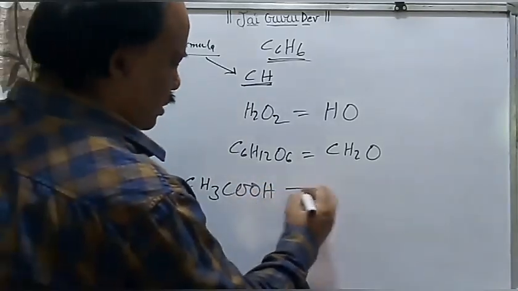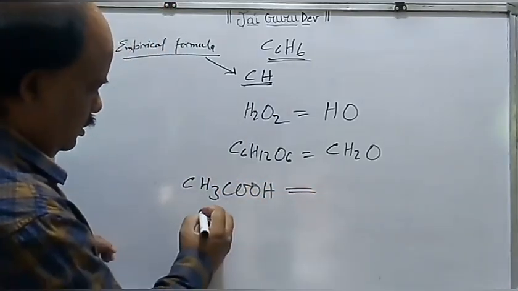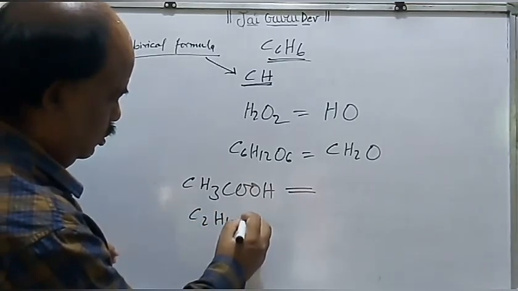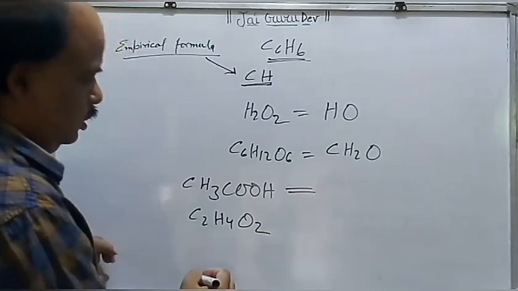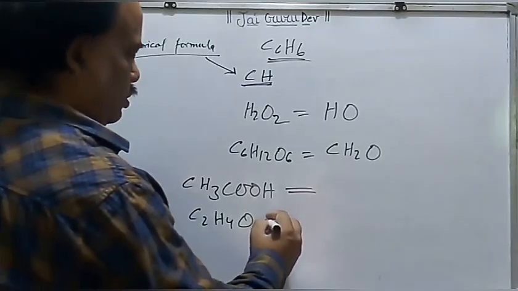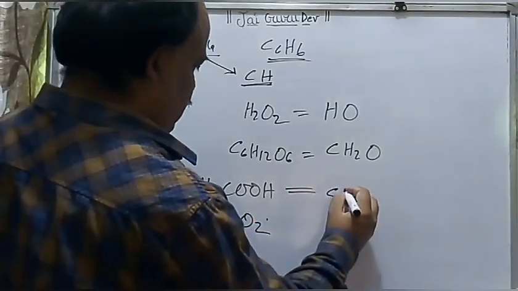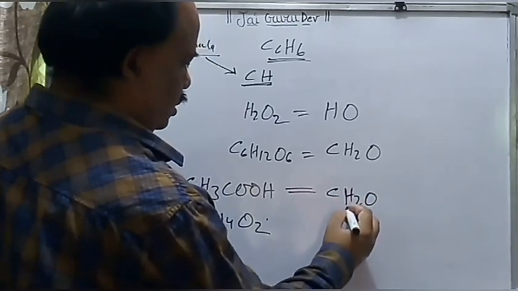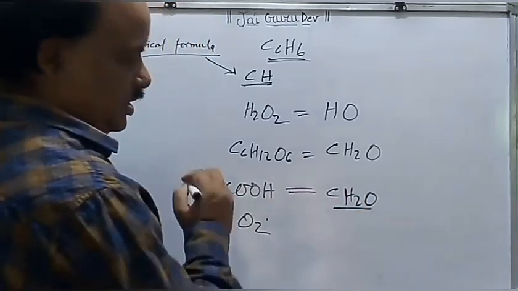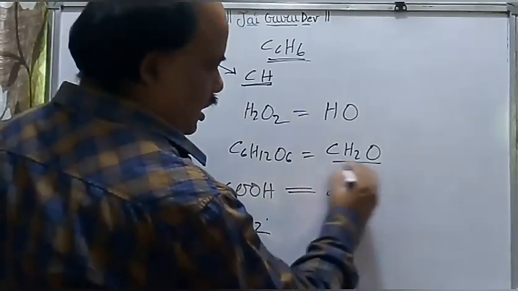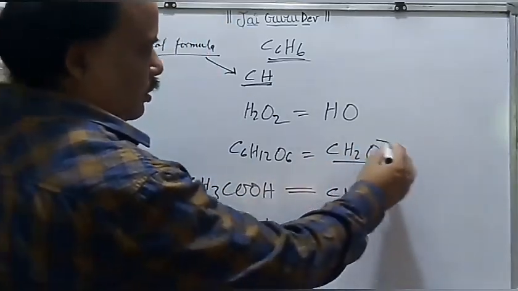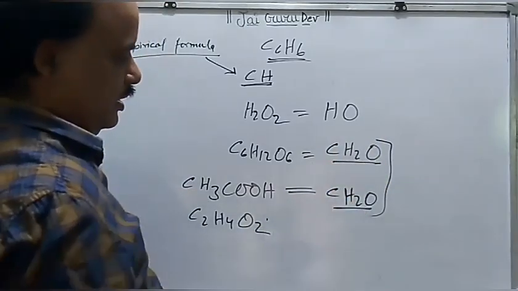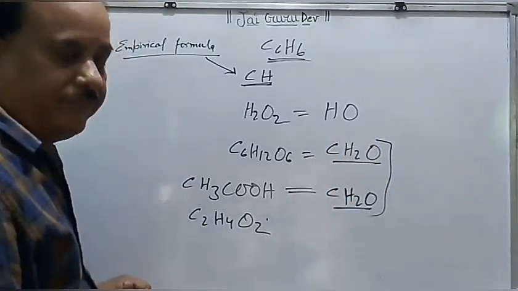What is the empirical formula? C2H4O2, then the simplest ratio is CH2O. This is the empirical formula of acetic acid and this is the empirical formula of glucose. Both are the same. Empirical formulas of glucose and acetic acid are the same.